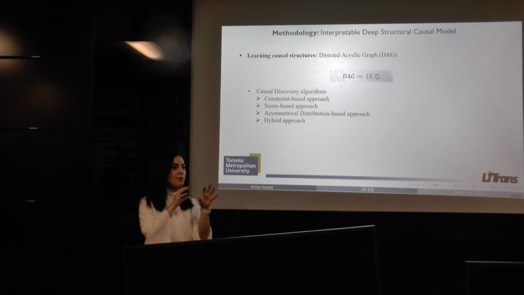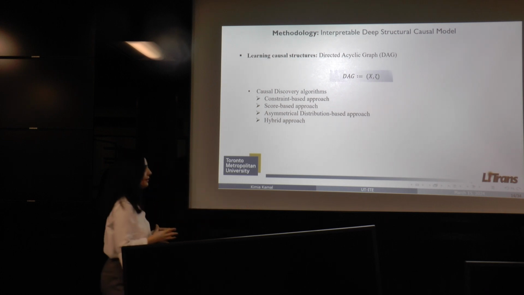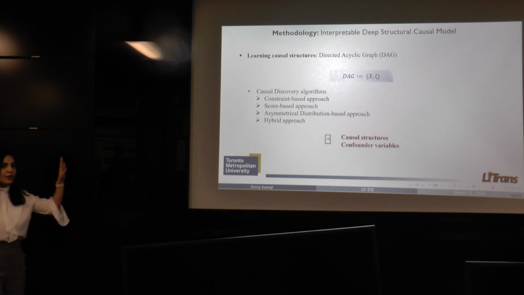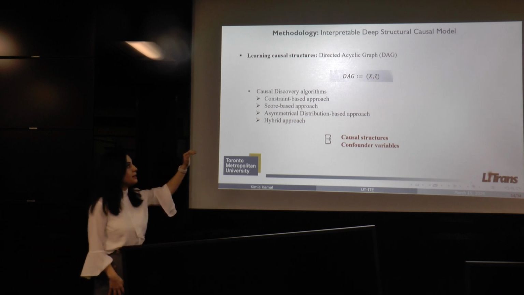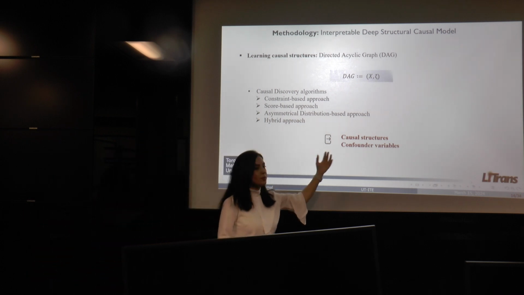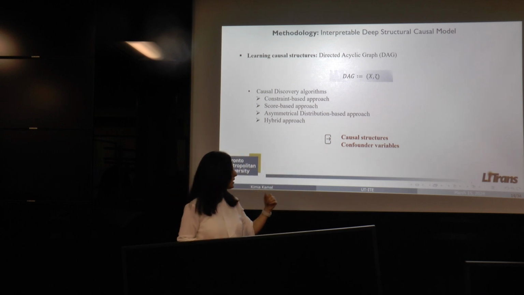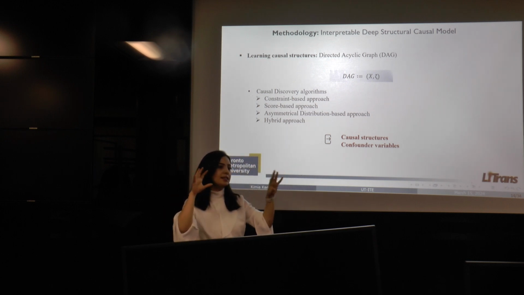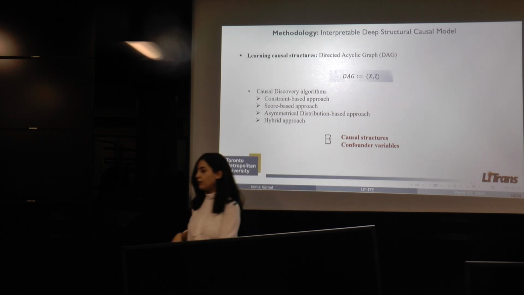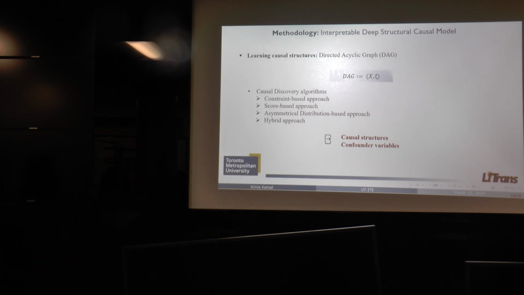It completely depends on our problem, the complexity of our problem, and the size of our data set. So, the output of this first step of the interpretable deep structural causal model is the causal structure, which shows how our variables interact with each other, and based on this structure, we can find the confounder variables.